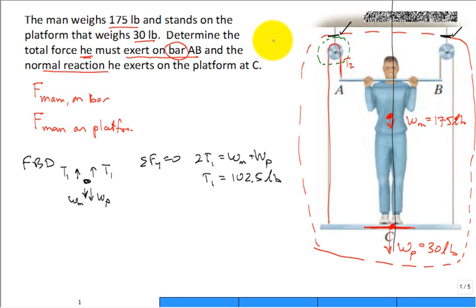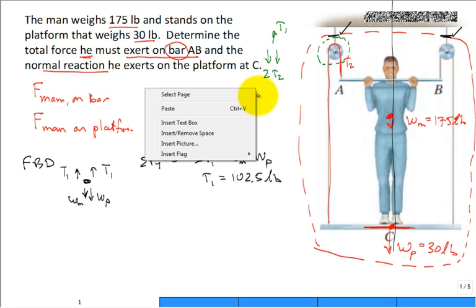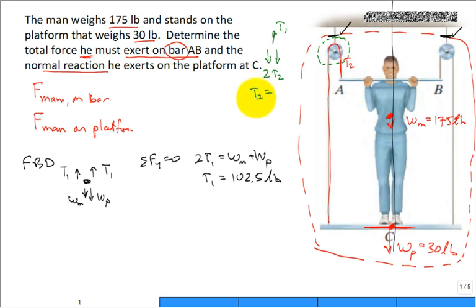And that pulley would have T1 up, and it would have 2 T2s. One cable is tension 1 and the other cable is tension 2. And so we find that the tension in the second cable is 51.25 pounds.